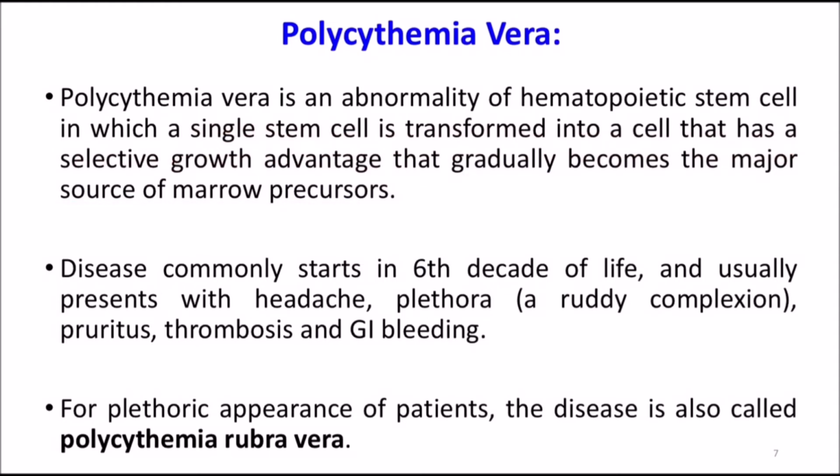The disease commonly starts in the 6th decade of life and usually presents with headache, plethora, which is a ruddy complexion, pruritus, thrombosis, and even gastrointestinal bleeding. Because of the plethoric appearance of patients, the disease is also called polycythemia rubra vera.